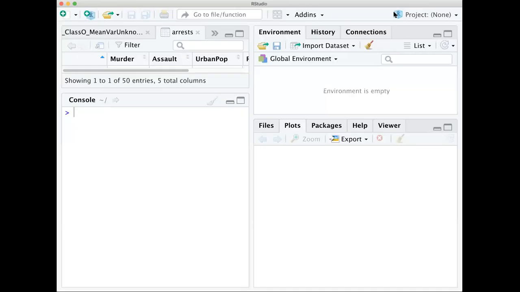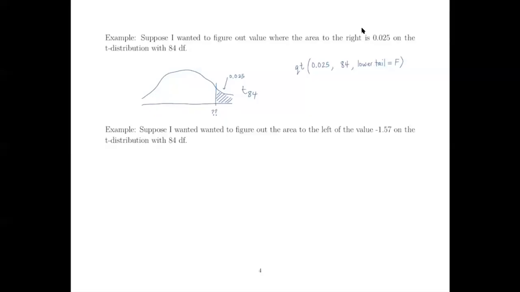So I'm going to plug that command into R. Here I am in R, and I'm going to type in the console QT 0.025, 84, and then lower dot tail is equal to false. And that will spit out a number, 1.98861. I'm just going to write that here.